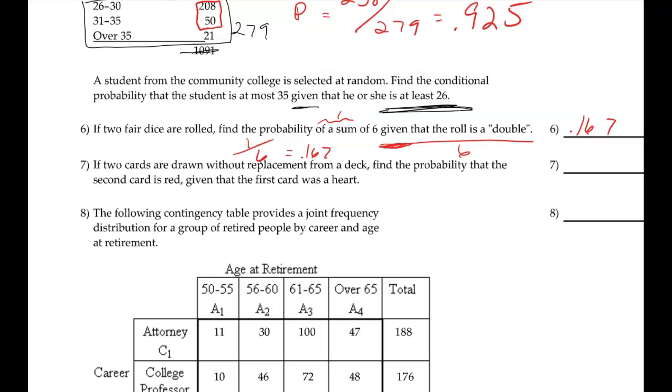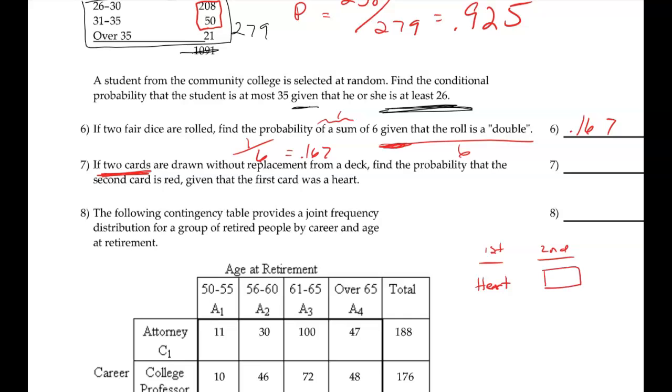2 cards are drawn without replacement from a deck. Find the probability that the second card is red, given that the first card was a heart. So this one's a little bit trickier because we are drawing 2 cards, all right? So you have the first card and the second card. We know that the first card was a heart.